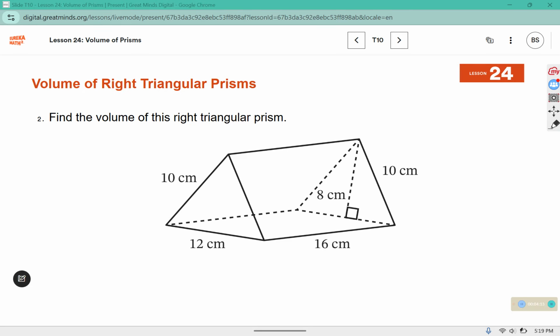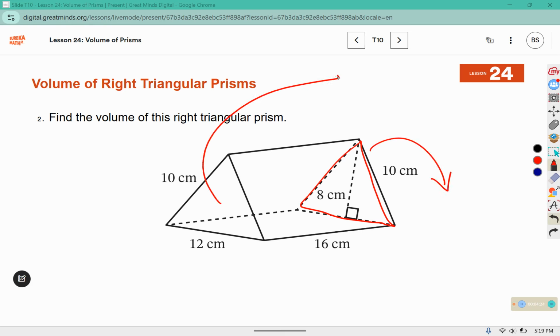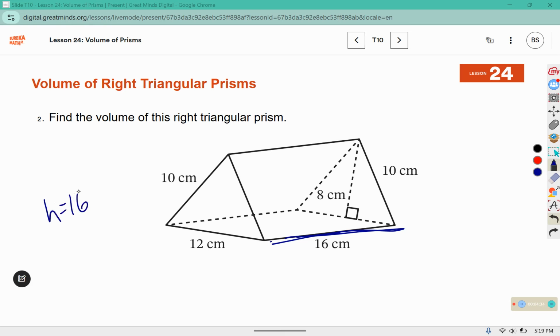Find the volume of this triangular prism. Remember, we discussed in earlier lessons that the triangle would go on the bottom, and this triangle would go up to the top. So in reality, the height of the prism is going to be this 16 measurement. And then we also need the base area of the triangle.